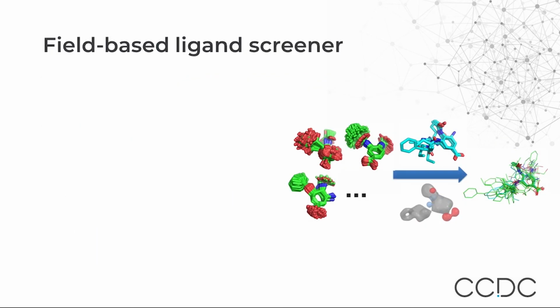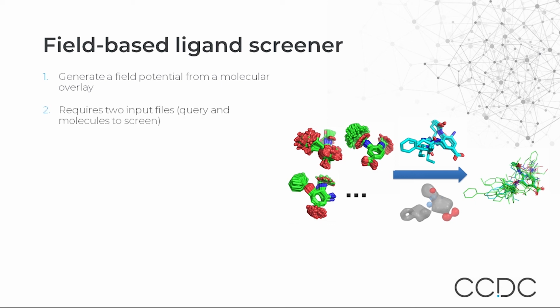And the third one is the Field-Based Ligand Screener, which I mentioned before is available through the CSD Python API. Now, how does it work? It generates a field potential from a molecular overlay based on user-defined atom types and then creates fitting points in the hotspots. It requires two input files: the query and the molecules to screen.